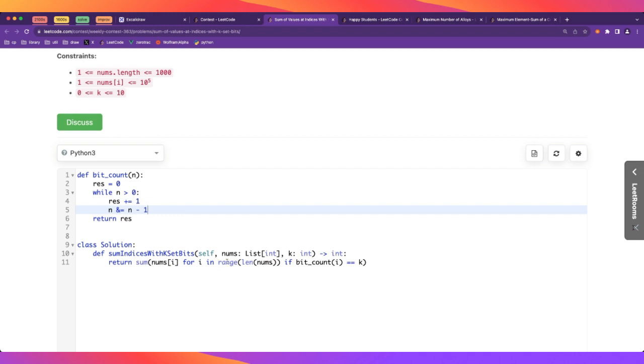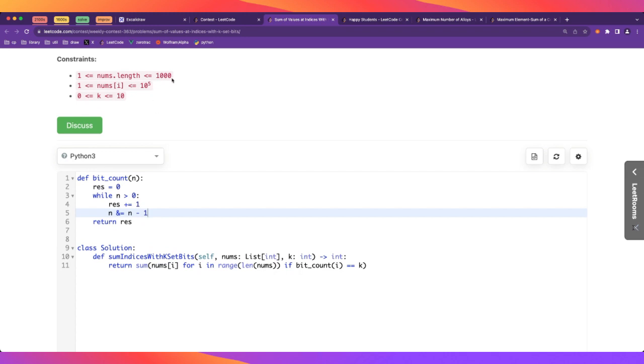But can we do something faster? So what if the array was bigger? An alternative would be to just generate the numbers with k set bits. So how can we do that?